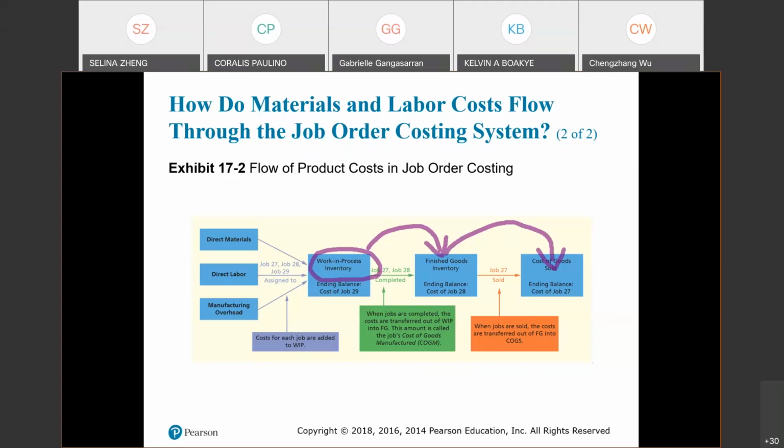Job 27 was delivered to the customer, so those costs were transferred from finished goods to COGS. But job 29 is the only job that is not complete and still in process. Job 28, as you can see, is complete but not delivered to the customers. So job 27 is the only job completed and sold to the customer.